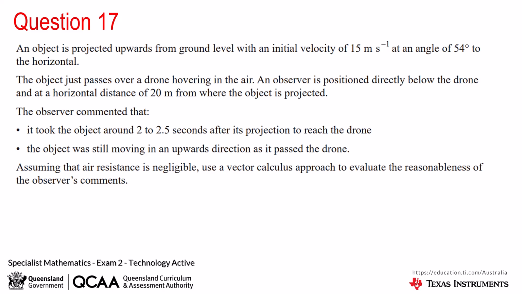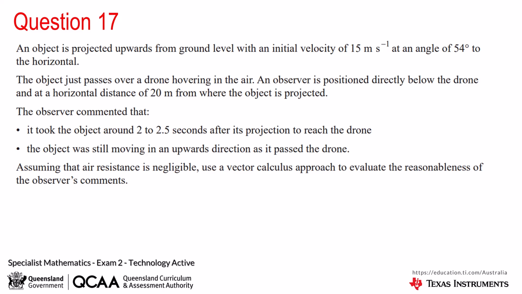So we can therefore say that vector a of t, which represents the acceleration of the object, is equal to negative 9.8 times unit vector j. Anti-differentiating both sides, we therefore obtain that vector v of t is equal to negative 9.8 times t times unit vector j plus a constant vector c.